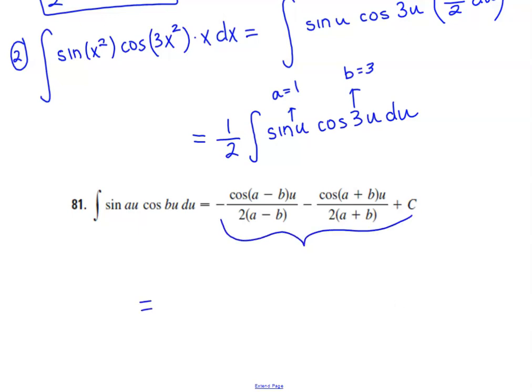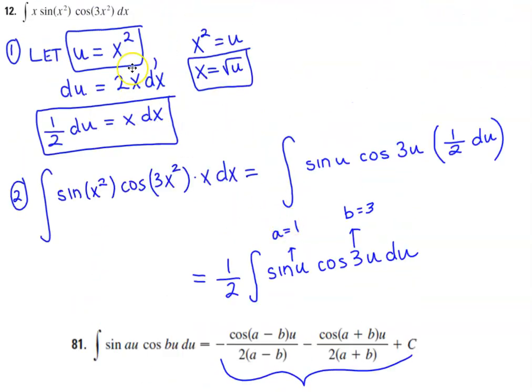So using this form, we have 1/2 times a negative cosine of a, which is 1, minus b, which is 3, times u.